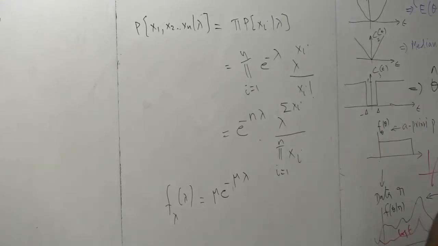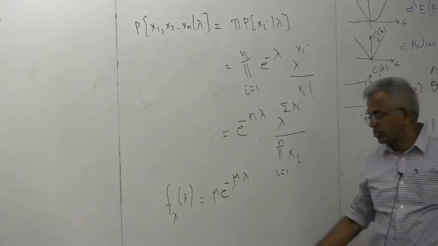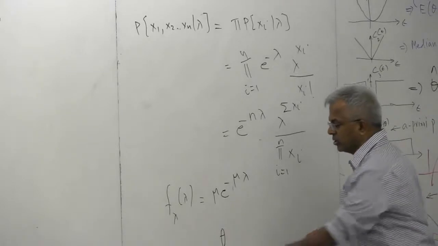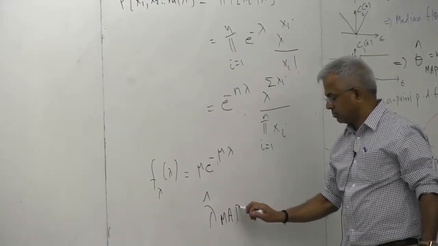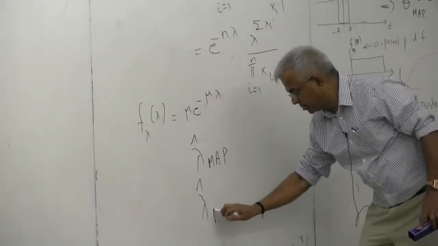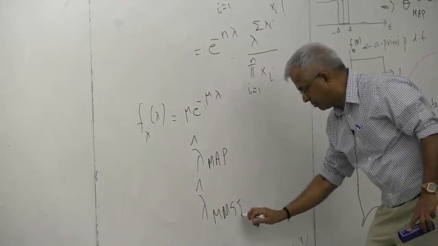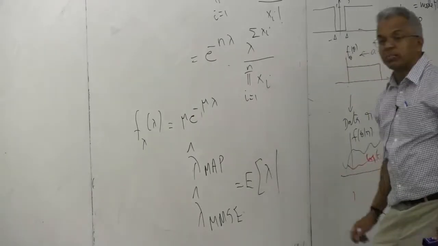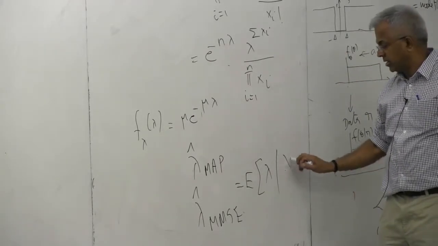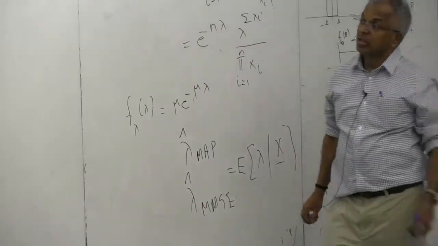All right, so you take this problem home and see how much you can do. Certainly you can find out lambda hat MAP is easy. Lambda hat MMSE is a bit more tricky because you have to find the expected value, the conditional mean of lambda given all the x's. Okay. So same thing here.